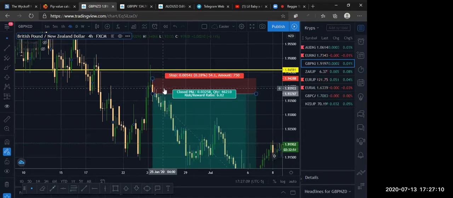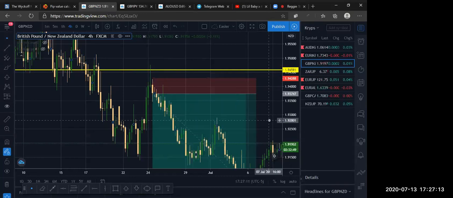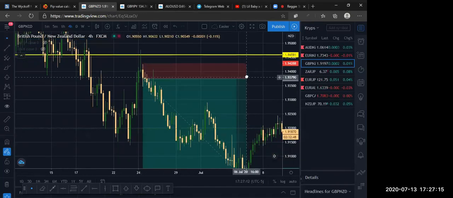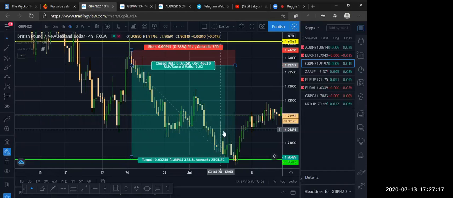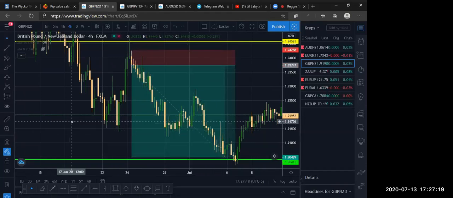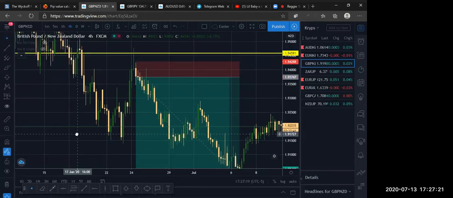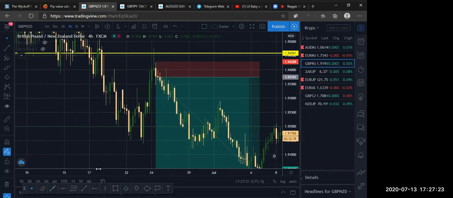So that was about a whole day that it stayed in drawdown. It looked like it went about 4 or 5 days to actually get the take profit that you wanted to see.